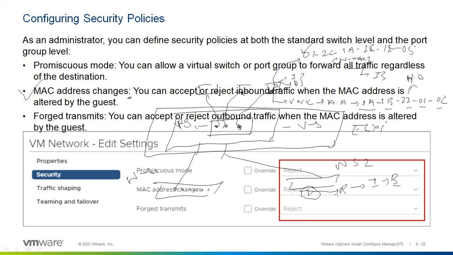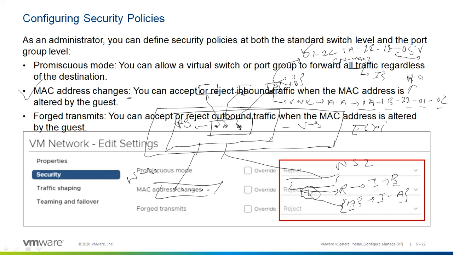But if you select this option accept and you change the MAC address from the operating system, then your incoming traffic will be allowed. No impact on the incoming traffic.